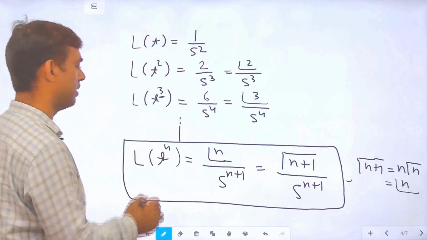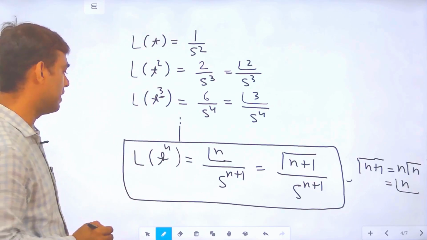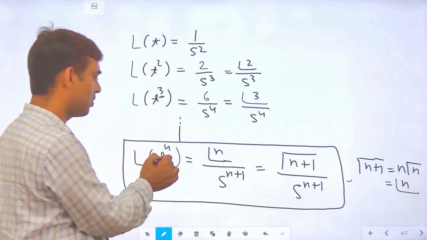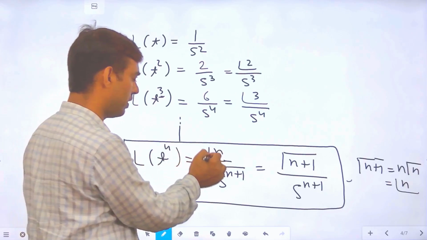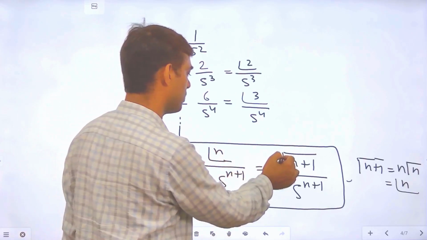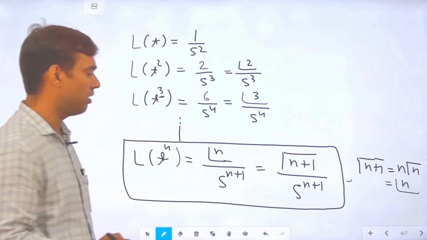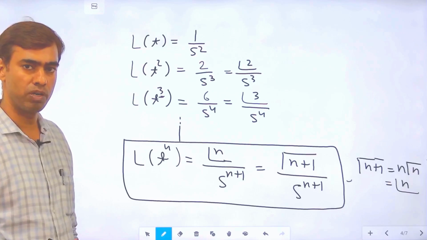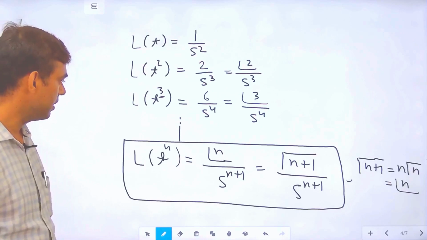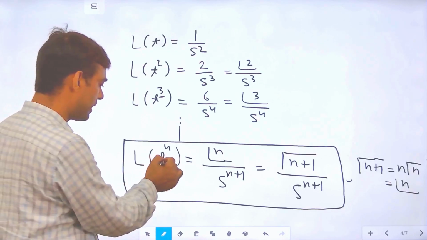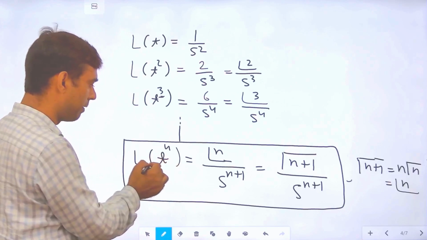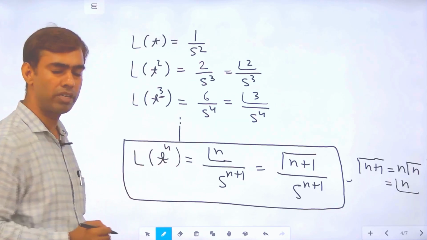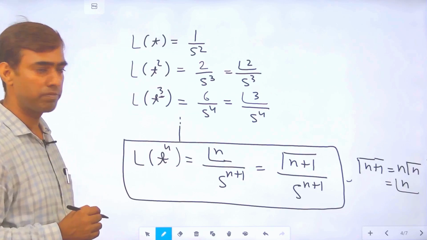With the help of the property of the gamma function, we are able to write the Laplace transform of t to the power n equals factorial n upon s to the power n plus 1, which equals gamma n plus 1 upon s to the power n plus 1. We are also able to directly find the Laplace transform of t to the power n using the definition of the gamma function.